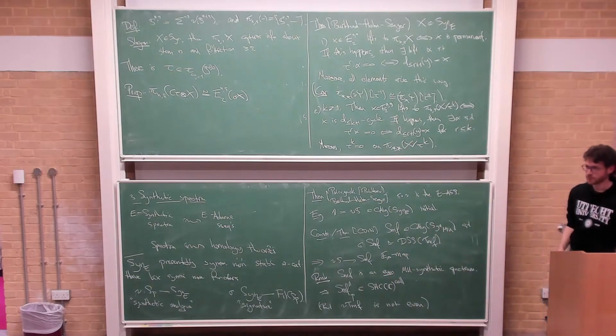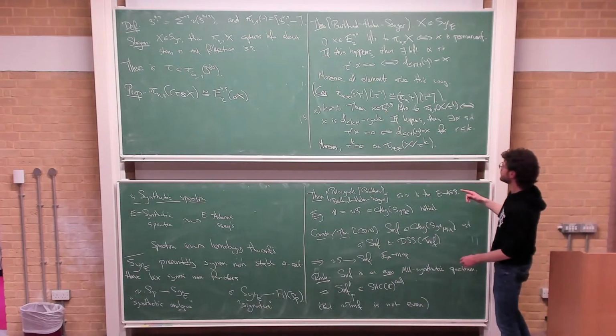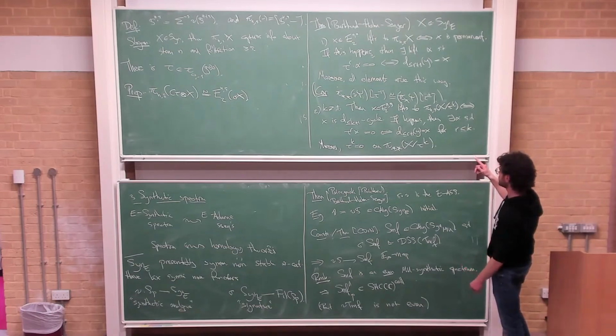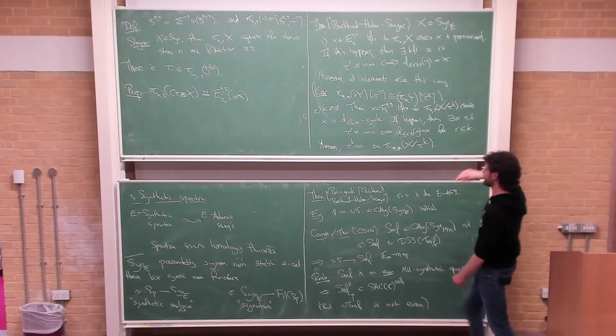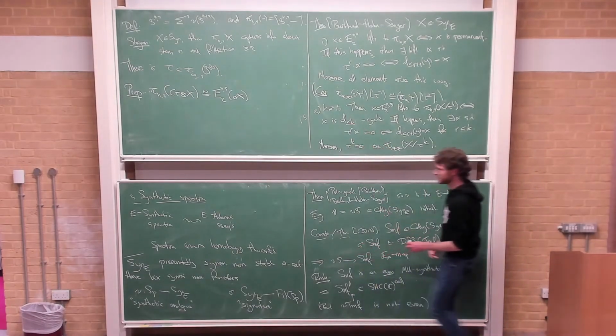Is x a d less than or equal to k cycle or less than or equal to k plus 1 cycle? Less than or equal to k plus 1, yes, sorry. Thank you.